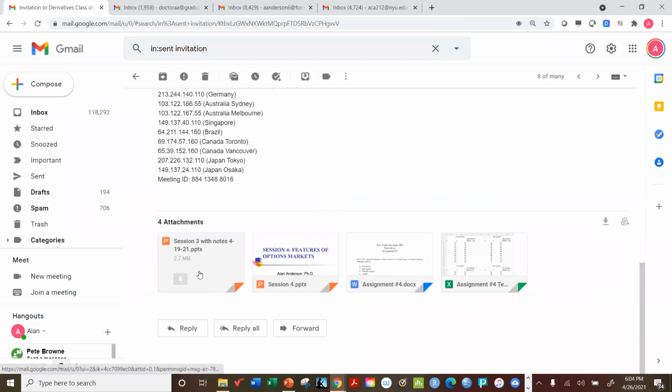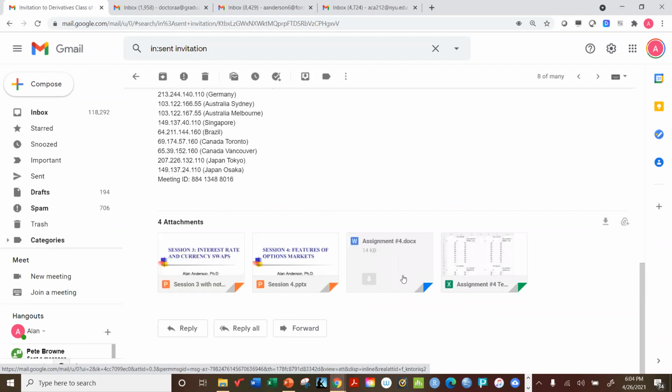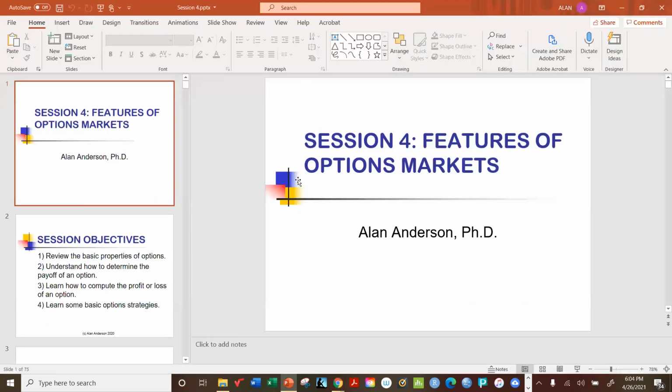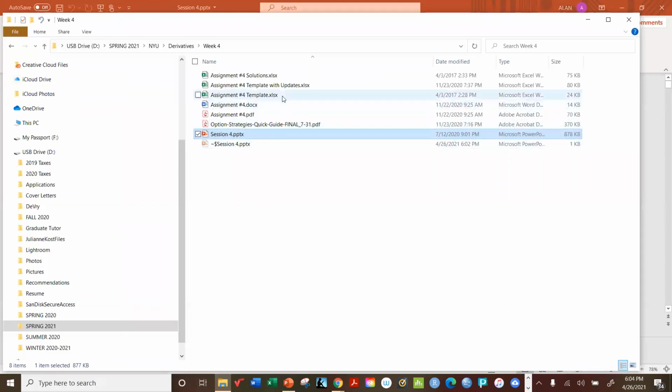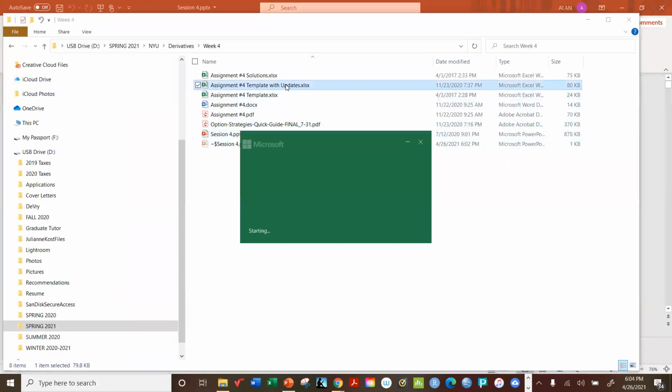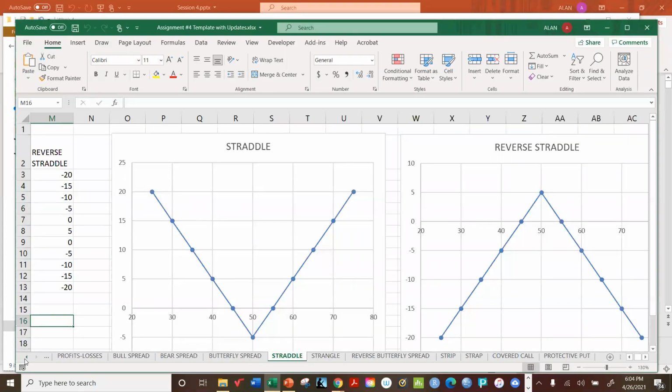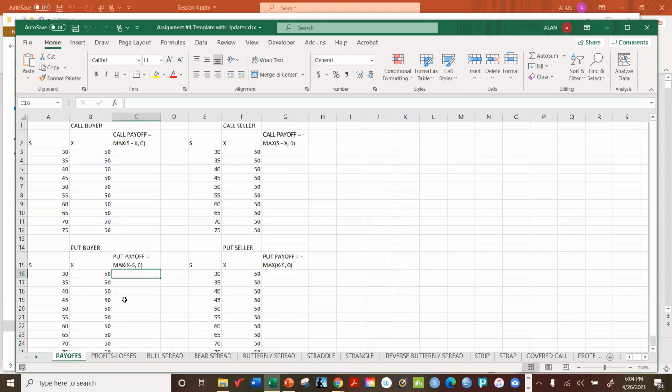So this was left over from last week, the week 3 notes session, the week 3 PowerPoint with the handwritten notes. And there's a 4th assignment, there's a template, and there's also the options notes. Okay, that's fine. So these are the options notes. There's a template, which will come in mighty handy, as you'll see.